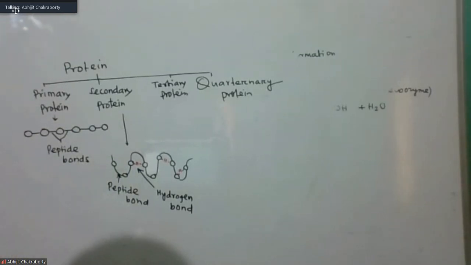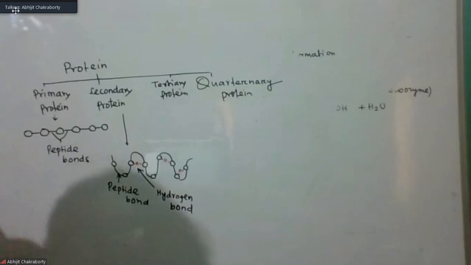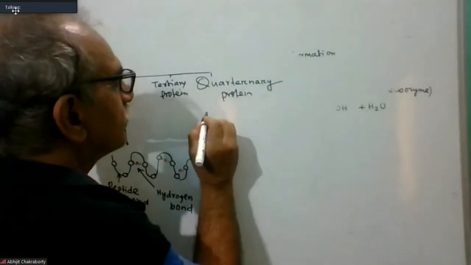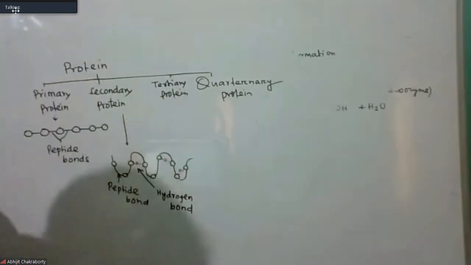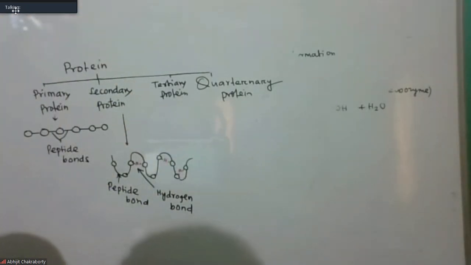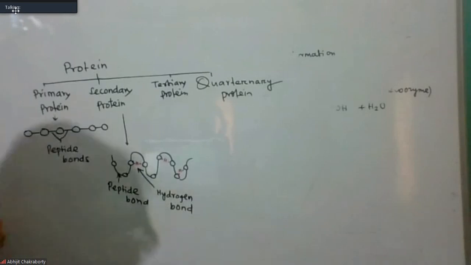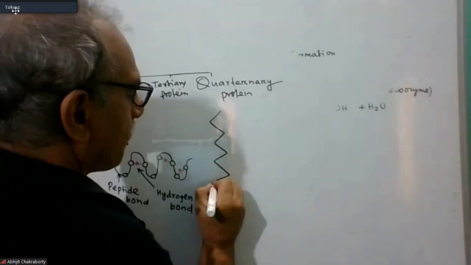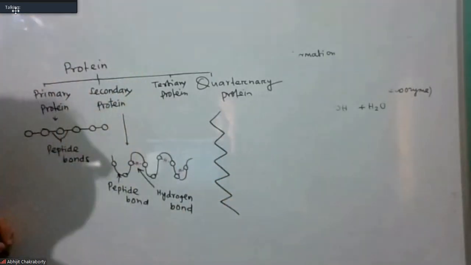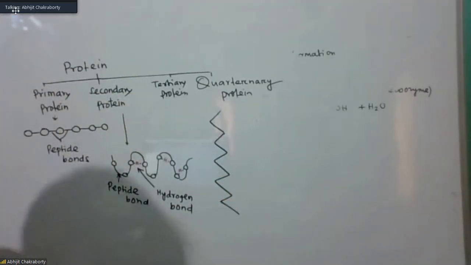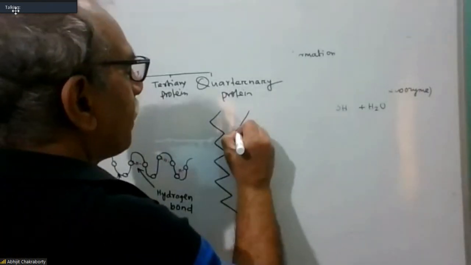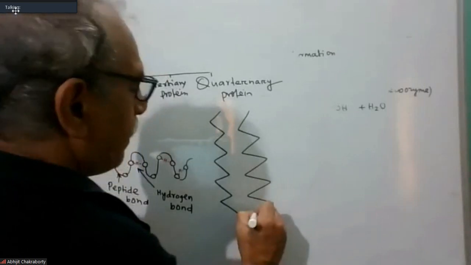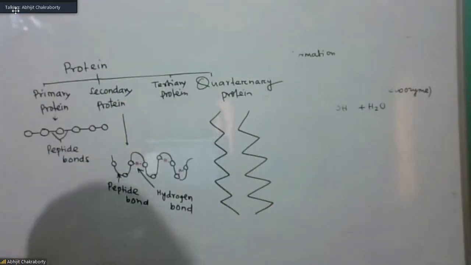And in the beta pleated type, what happens, you see, this is one primary protein. This is the other primary protein.